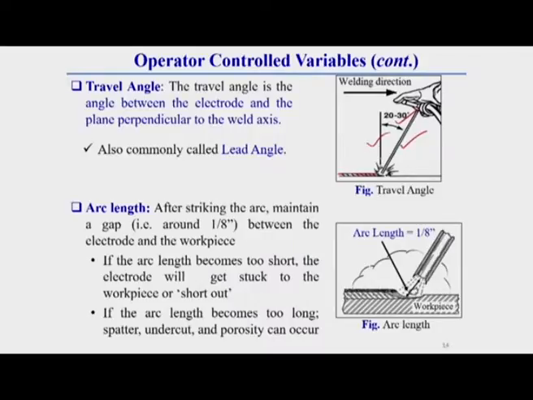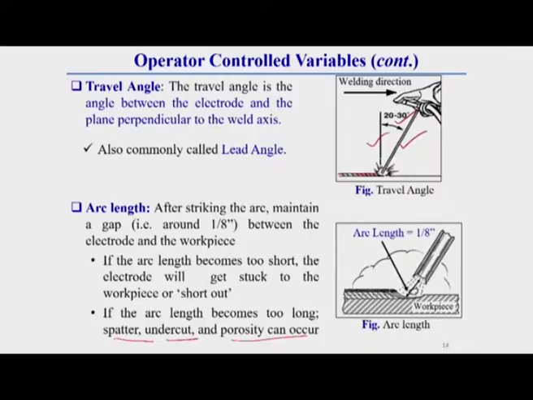Whatever the distance or gap is there, that is called arc length. Too short an arc length is not good, and too long an arc length is also not good, as I have already discussed. If the arc length becomes too short, the electrode will get stuck to the workpiece or it can short out. If the arc length becomes too long, there is also a chance of spatter, undercut and porosity.